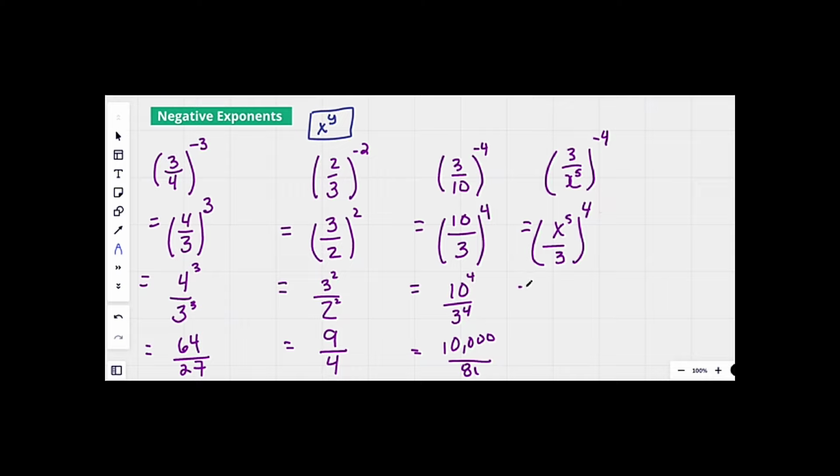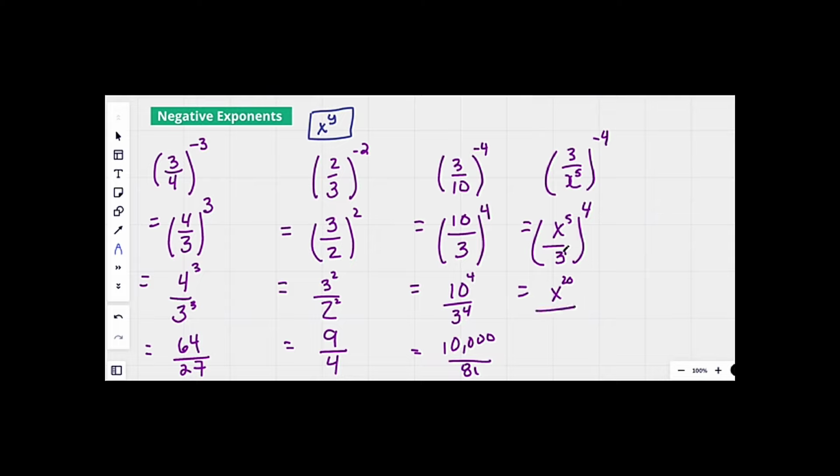Okay, so now we've got to move the exponent to the top and to the bottom. Now we notice that we have an exponent here. And so when we have an exponent here, in the power of power rule, which we have another video on, it says that we multiply the exponents to each other. So this becomes 20 because 5 times 4 is 20. Now this one doesn't have an exponent, although we've talked about how not having an exponent is the same thing as having an exponent of 1.